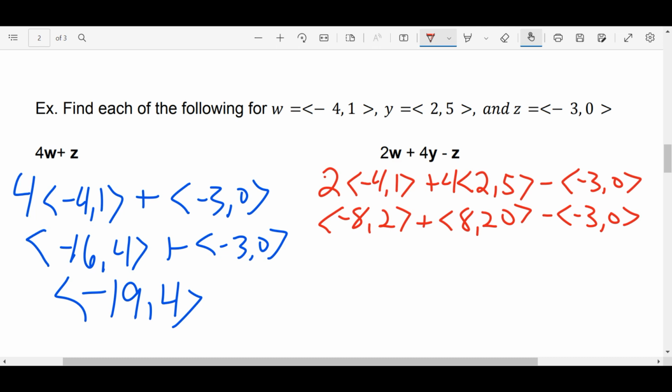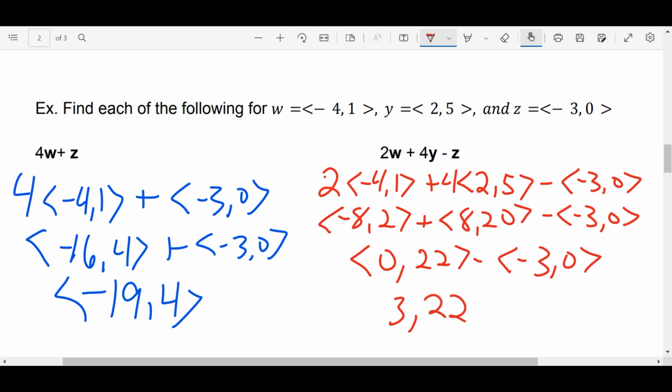And then add the first pair together: negative 8 plus 8 is 0. That works out nice. And then 2 plus 20 is 22. Be careful with our subtraction. So 0 minus negative 3 is 3. 22 minus 0 is 22. There's your answer.